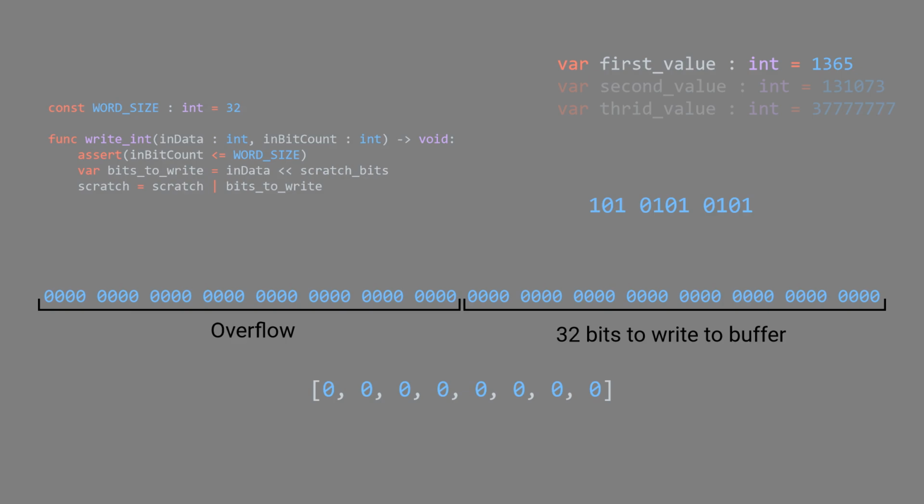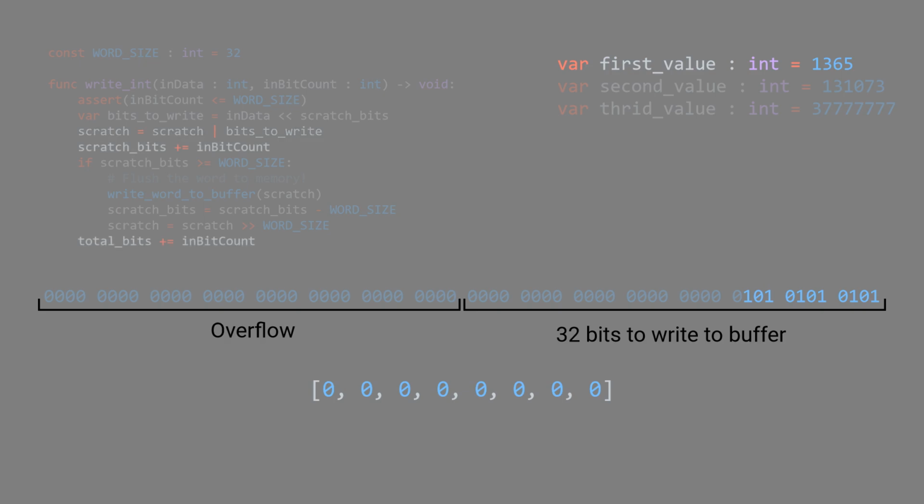We first check to make sure that we are writing 32 bits or less at a time. Then, since this is the first time we are writing to the scratch, the number of scratch bits is 0. So, the scratch is bitwise ORed with the data. Pretty simple. After that, we add the number of bits to the scratch bits, and track the total number of bits we are writing into the buffer.